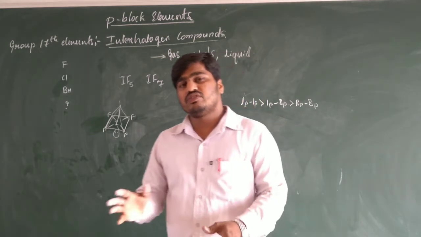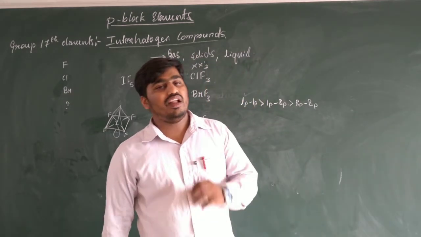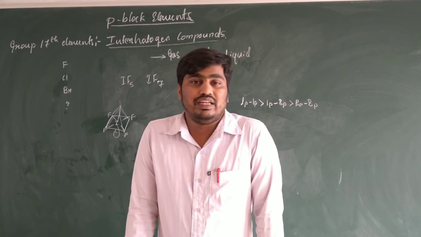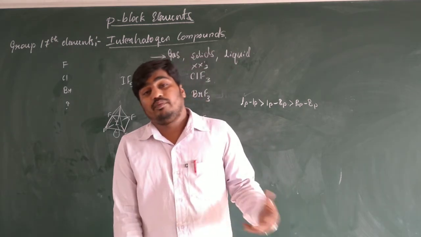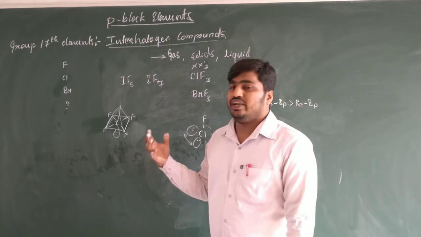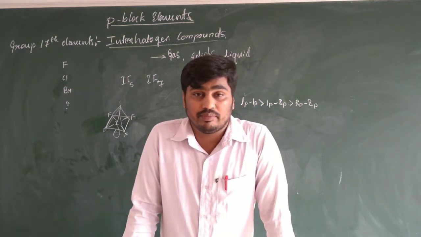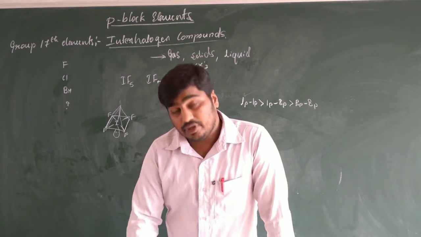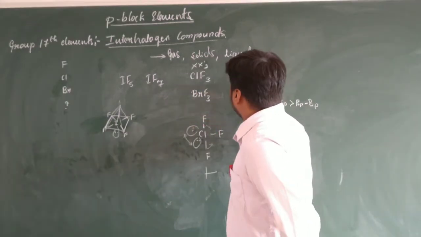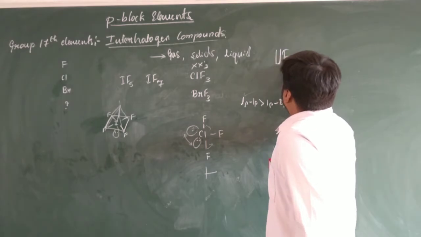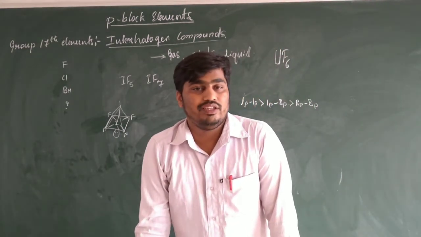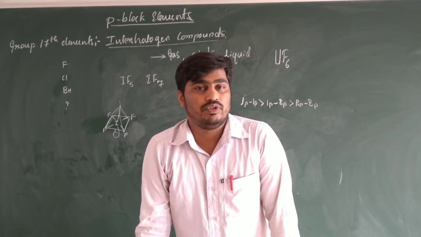Then what are the uses of interhalogen compounds? Interhalogen compounds are used for their fluorinating property. In the preparation of uranium hexafluoride, UF6, it is obtained from uranium.